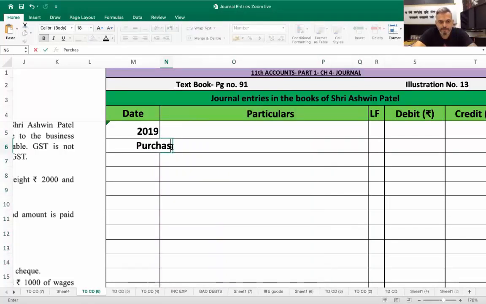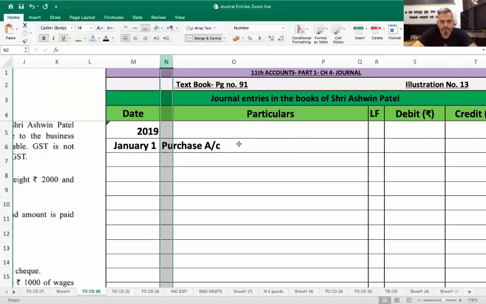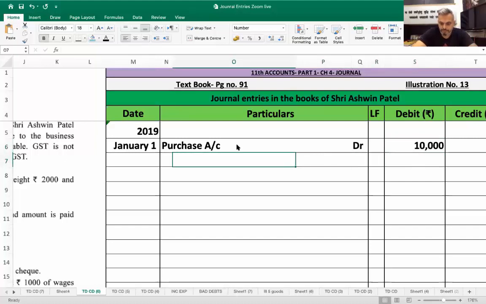Purchase account debit, amount is 10,000. Then railway freight account debit, amount is 2,000, and labor, that is wages account, debit 500.